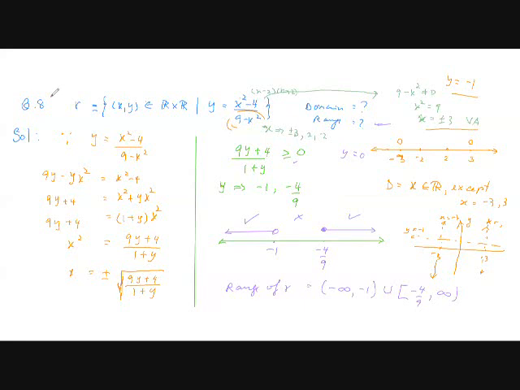Question 9. The question says f of x equal to 1 over x and g of x equal to x minus 1 over x. They want to find the inverse function f of x composed with the inverse function g of x when x equal to 2.